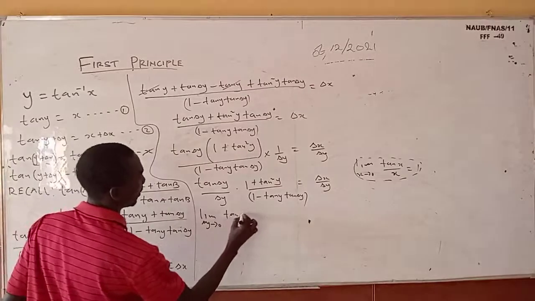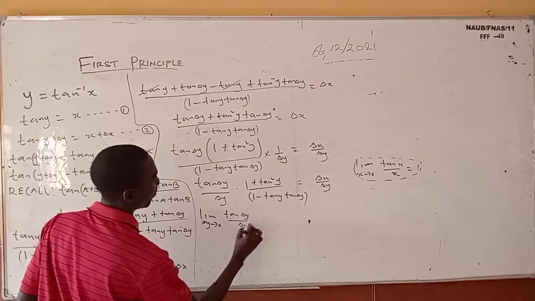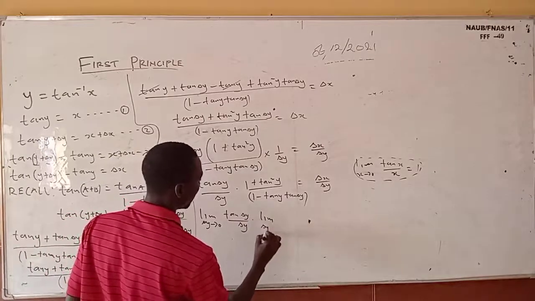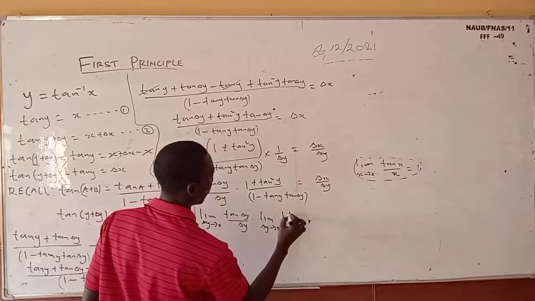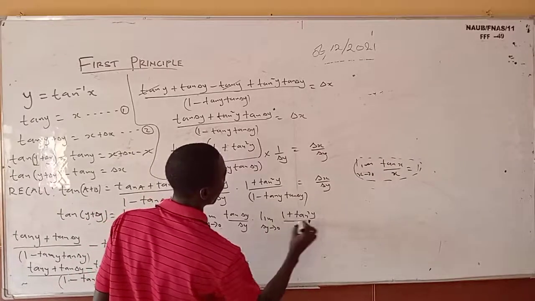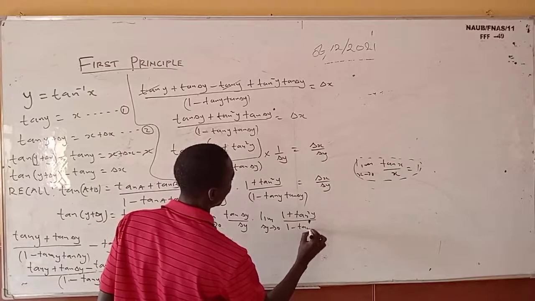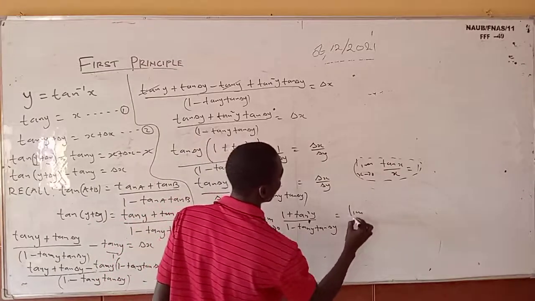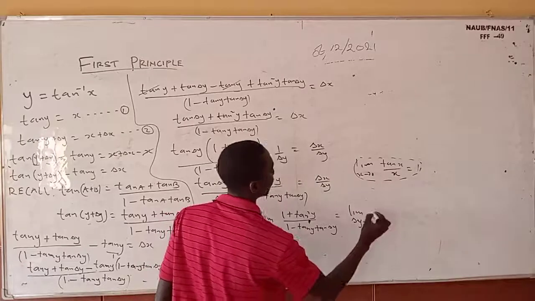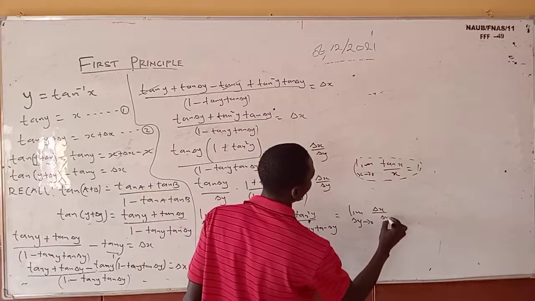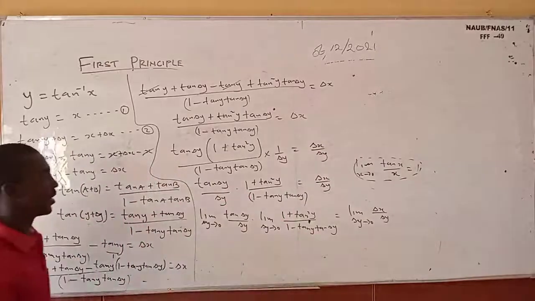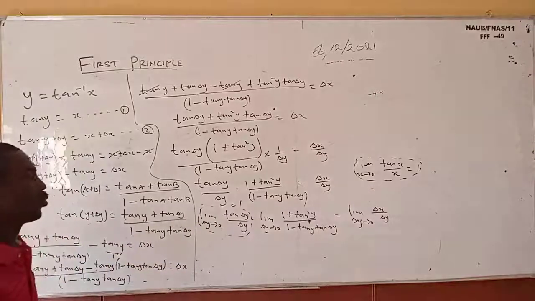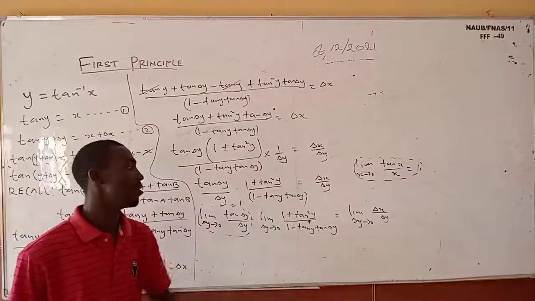So the limit as change in y approaches 0 of tan change in y over change in y, multiplied by, and you take the limit individually, the limit as change in y approaches 0 of 1 plus tan square y all over 1 minus tan y tan change in y, equals the limit as change in y approaches 0 of change in s over change in y. And now if you look at this critically, it's nothing but 1. And 1 multiplied by everything here will still give us this.